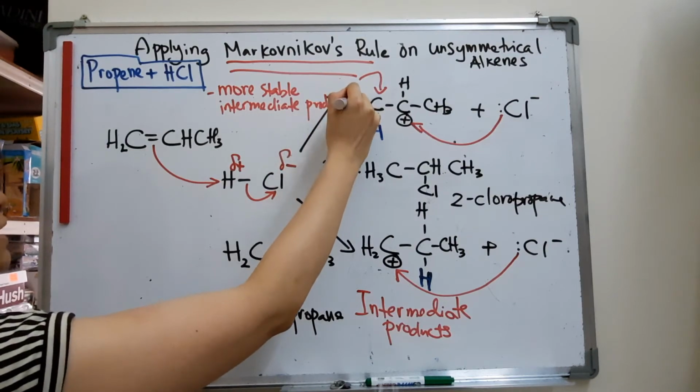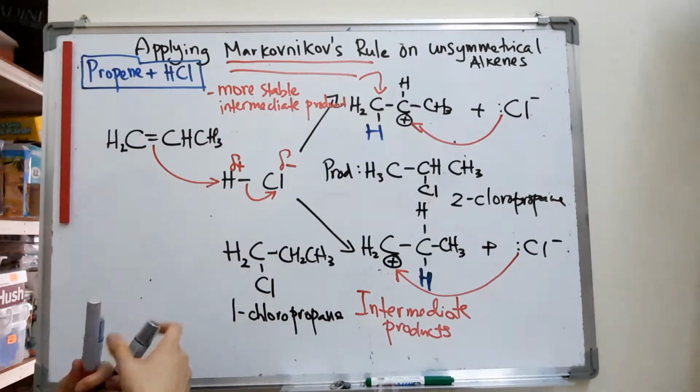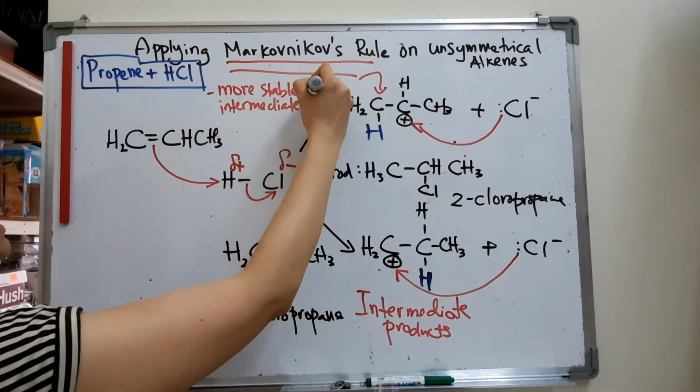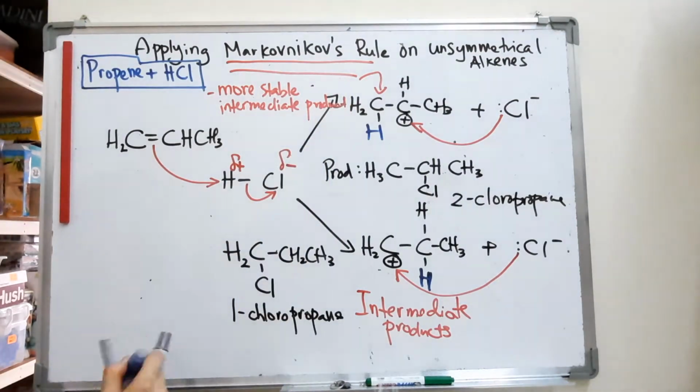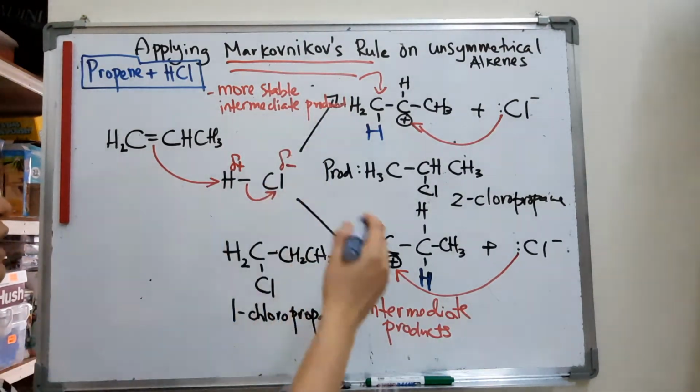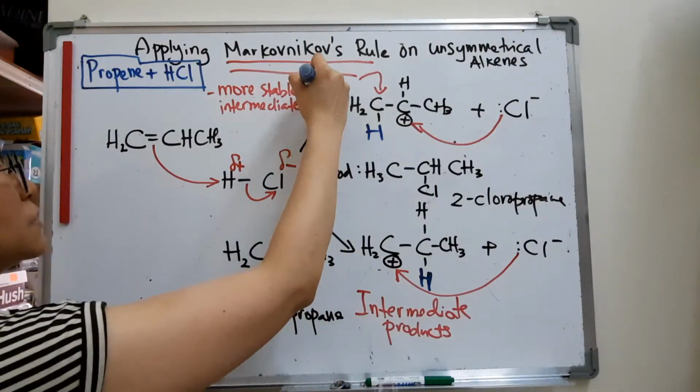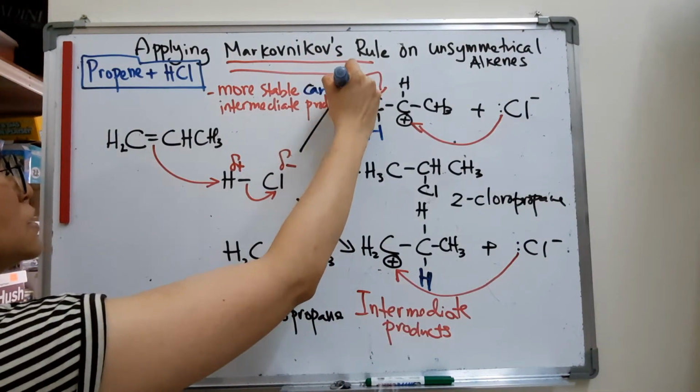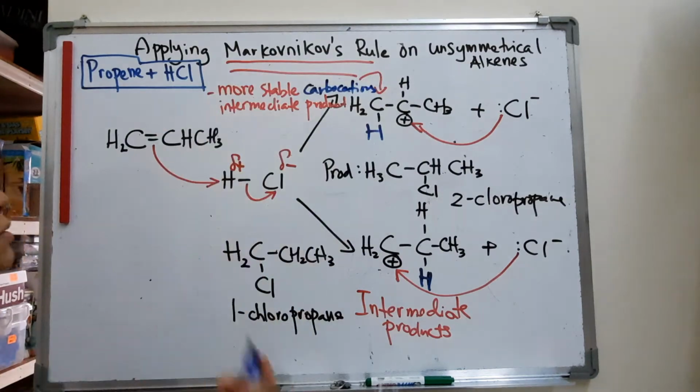Intermediate product, not products, but intermediate product. In other words, maybe you can say carbocations, the more stable carbocation, okay, over here. Now, how to make it stable?